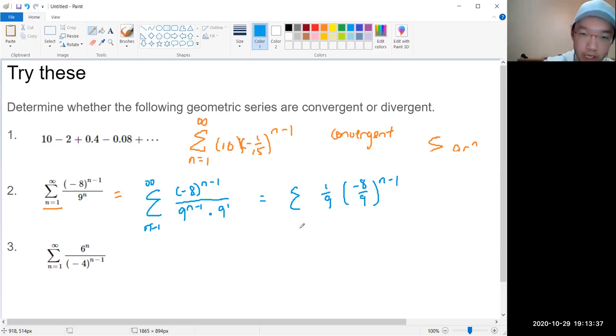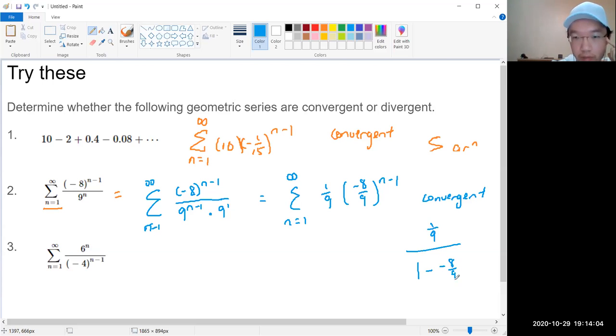I just skipped a couple of steps in the algebra. But based off of this form, is it convergent or divergent? Yes, this is convergent. And then if I ask you what the sum is, you would say it's A, which is 1 over 9, over 1 minus the common ratio.